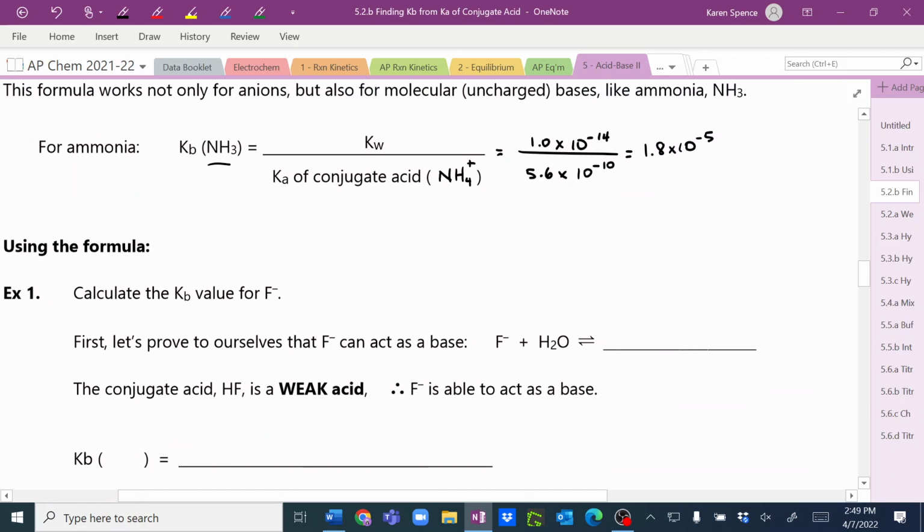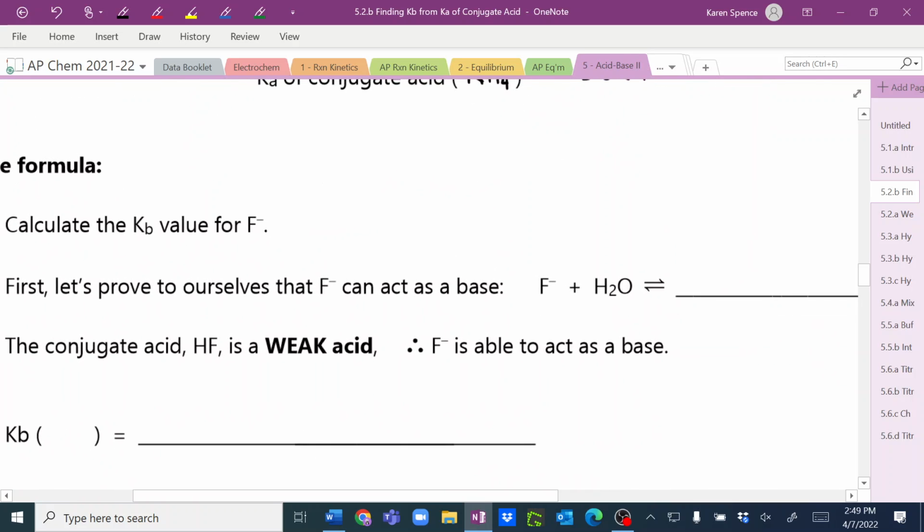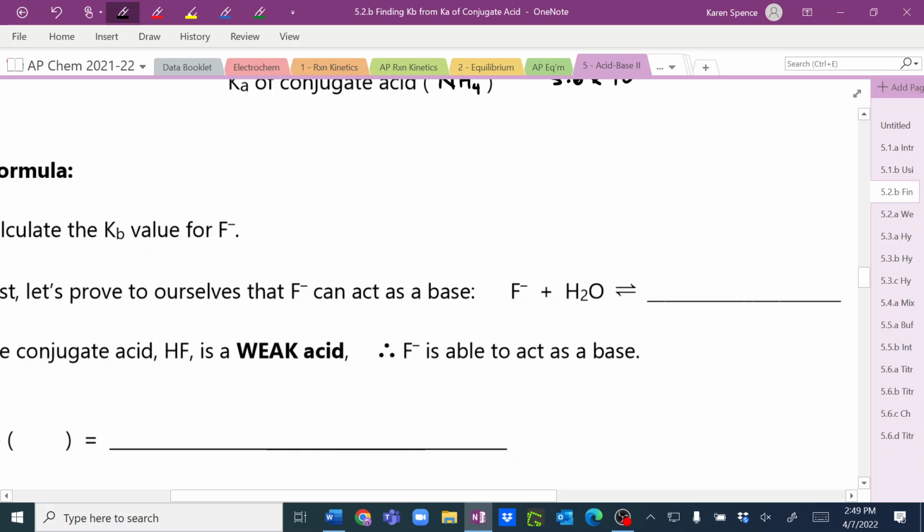Using the formula, calculate the Kb for F minus. First, let's prove that F minus can act as a base. Can it act as a base? What would it form? HF plus OH minus. And we have to ask ourselves, is this a weak acid or is it a strong acid?